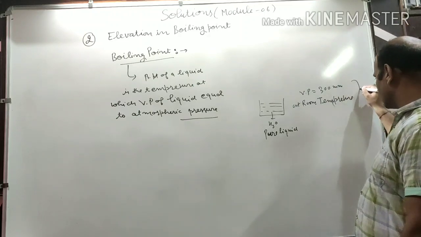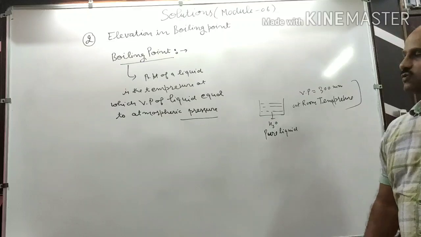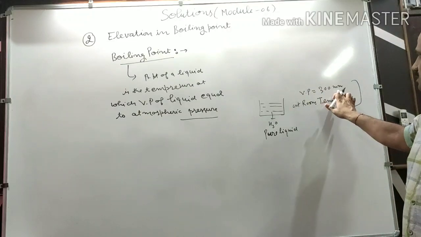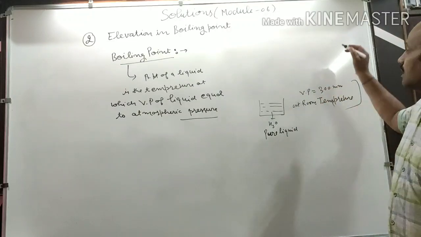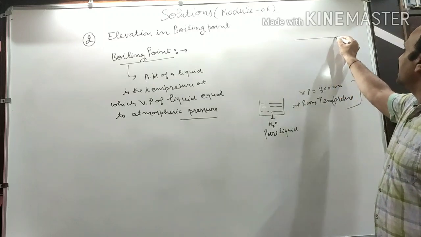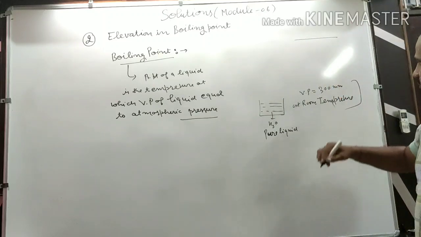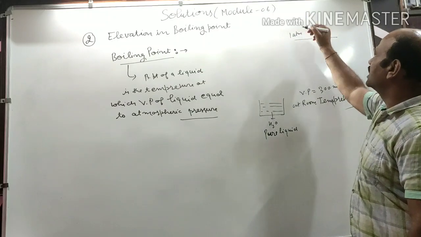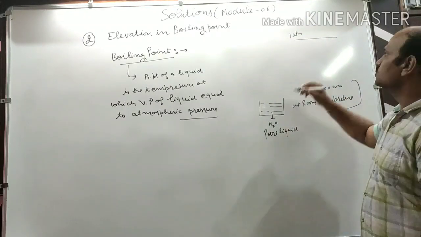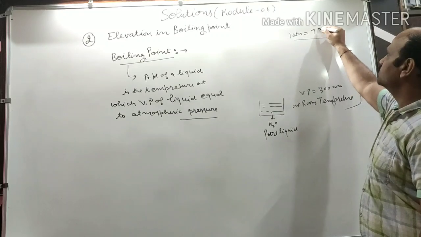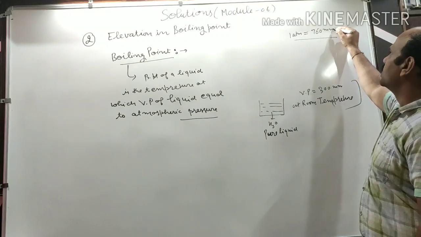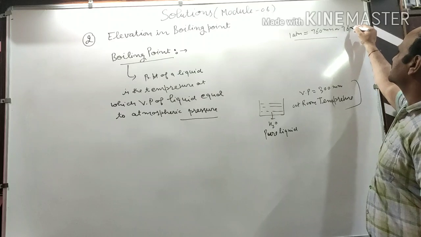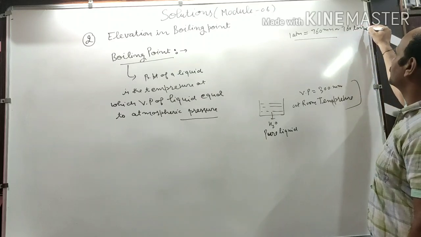This is the vapor pressure of pure water, suppose 300 mm. Now we are to boil it. When boiling takes place, one atmospheric pressure is equal to 760 mm.